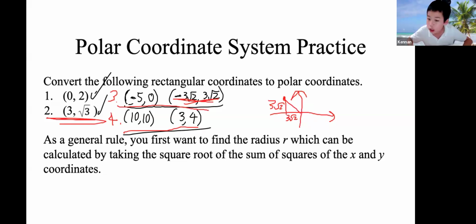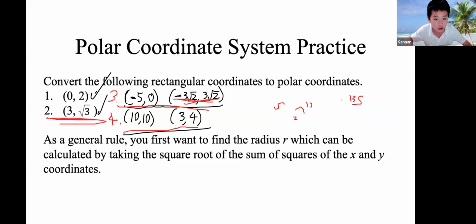Let me check. Yes, so this magnitude is 6 because we have a 45-45-90 triangle, and note this is 135 because it's a 45-degree angle. So yes, this is 6, 135.